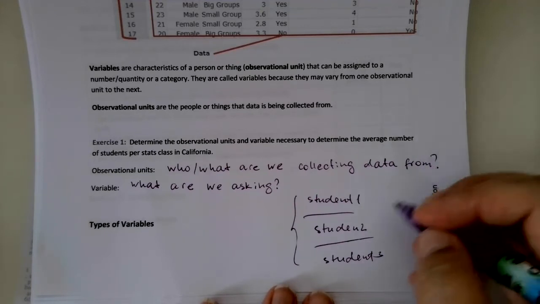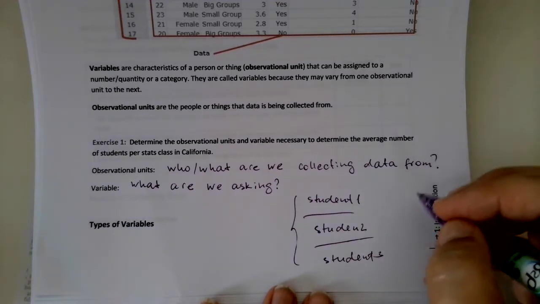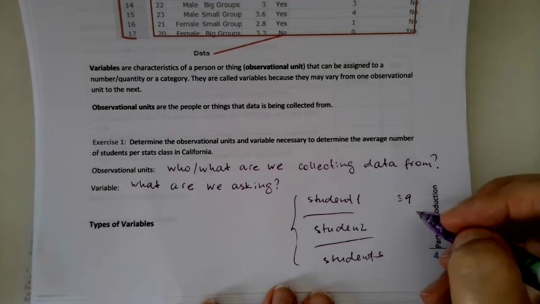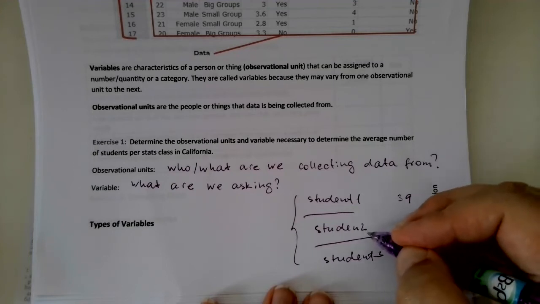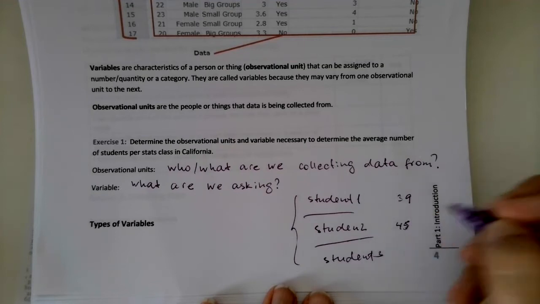Let's say we asked a student from one of my classes, and we have 39 students in that class. And then the student from another class says, okay, I have 45 in my class, one on the wait list, okay, maybe 46.